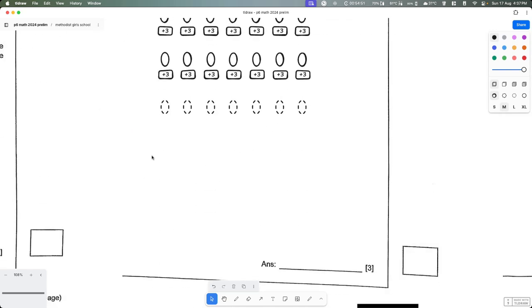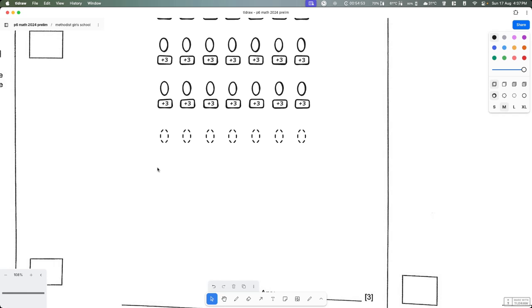So 7 gave away 3, so the number of students who got additional 3 cards is equal to 35 minus 7, which is 28.